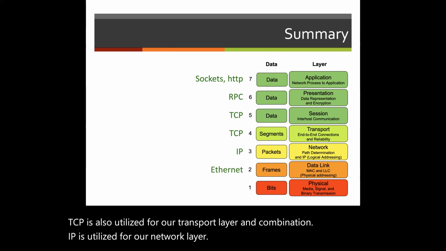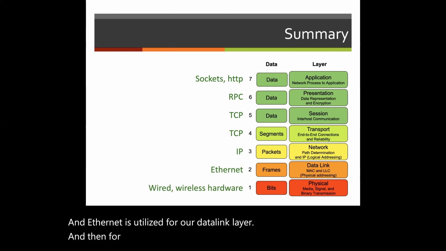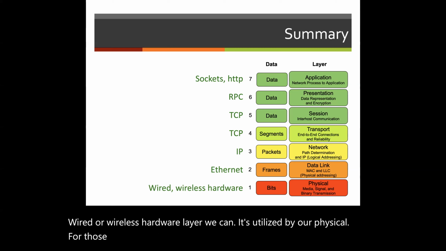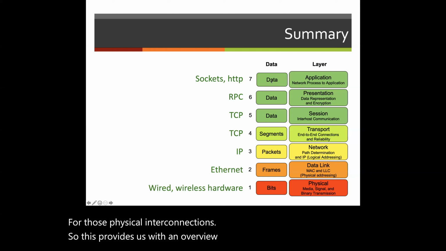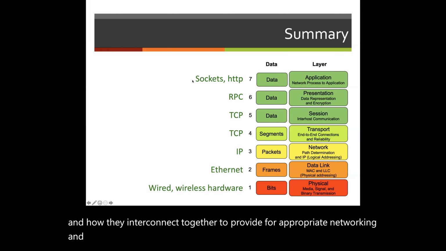And Ethernet is utilized for our data link layer. And then for our wired or wireless hardware layer, it's utilized by our physical layer, for those physical interconnections. So this provides us with an overview of understanding the various layers and how they interconnect together to provide for appropriate networking and modern network systems.